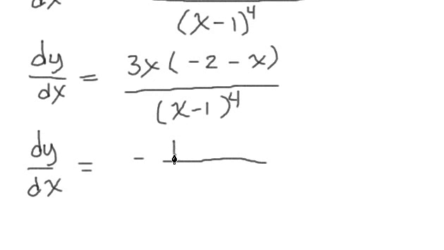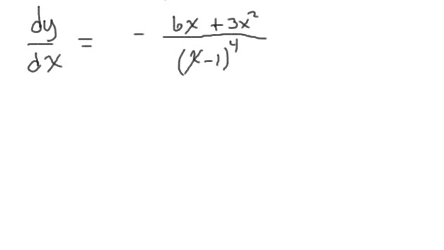So that's going to end up being negative, 6x plus 3x squared, all over (x minus 1) to the 4th power. Okay, now what we're going to do is take the derivative again, right? Because we want to find the second derivative. I didn't say this problem was going to be easy. You know, the problem's not difficult, it just takes a while to do.